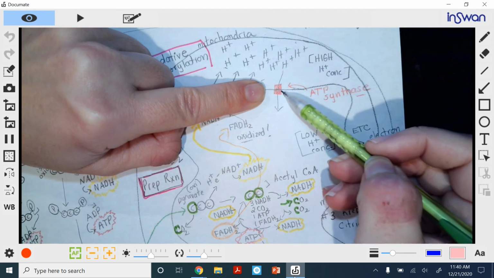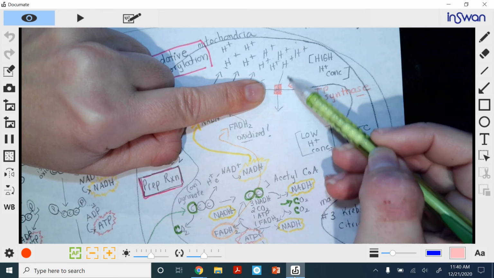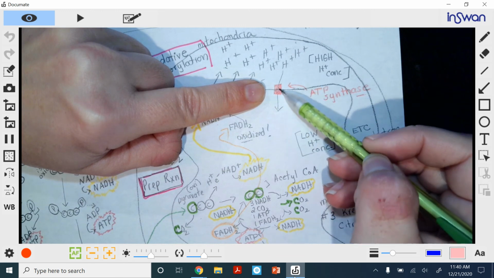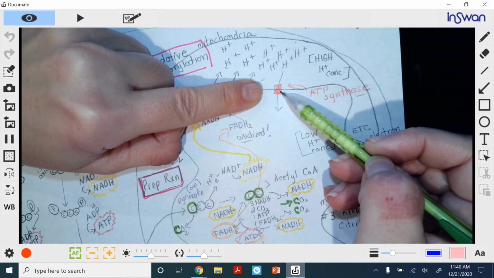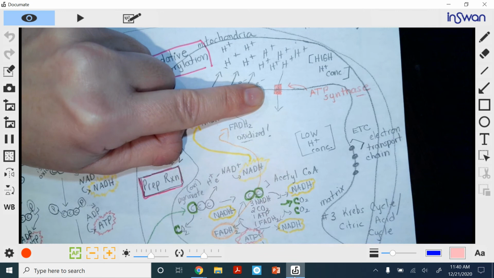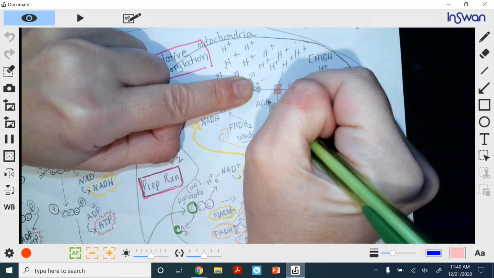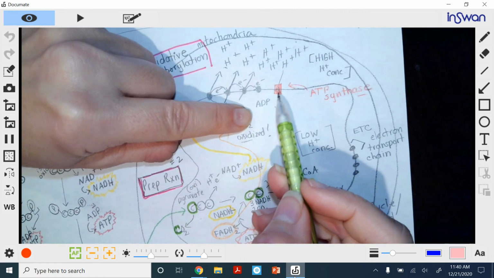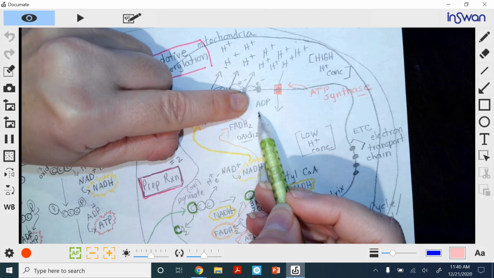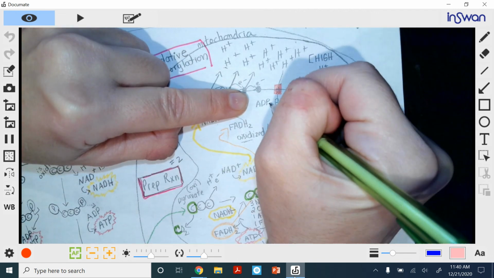So the only place that the protons can move from high concentration to low concentration is through ATP synthase. That's the only hole for them to get through, that transport protein. And when they flow through, this actually spins ATP synthase. I'll show you a video of it. And as it spins, imagine a carousel spinning and ADP jumping on and phosphorus jumping on.